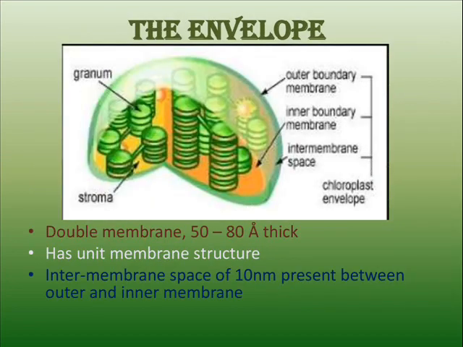The envelope consists of the outer boundary membrane, the inner boundary membrane, and the space present in between them known as the intermembrane space. This intermembrane space is around 10 nanometer. It has a unit membrane structure and this double membrane is around 50 to 80 angstroms in thickness.